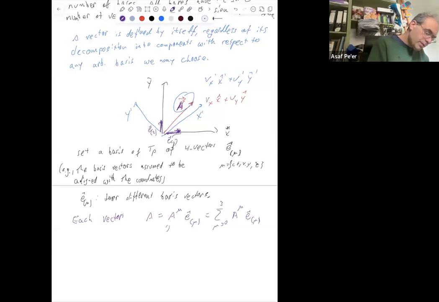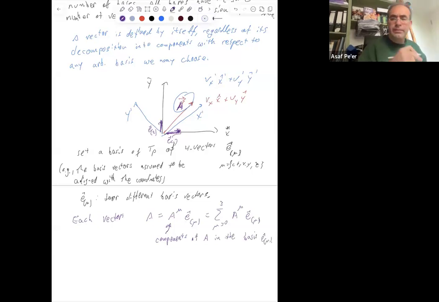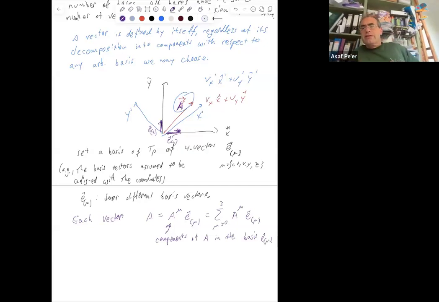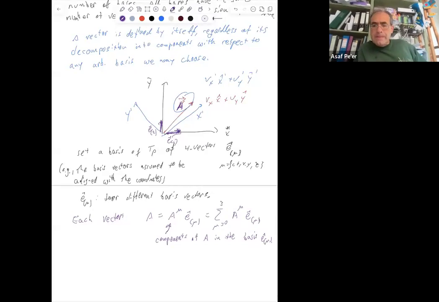A mu, these are components of A in the basis E mu. Of course, I wrote the basis vectors with a lower index, so I can use the Einstein summation convention.